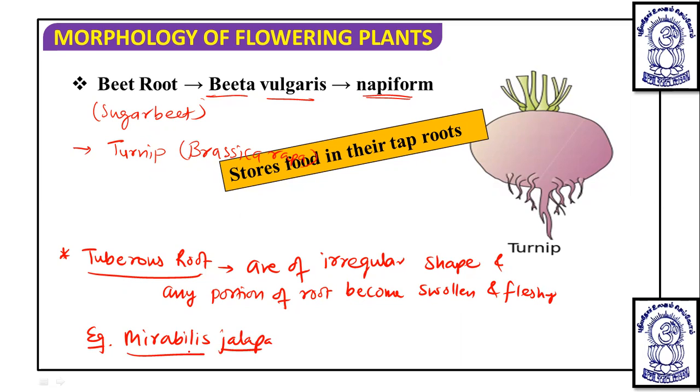After tuberous root, the taproot modification of storage root is found in another form, and that form is known as nodulated roots.